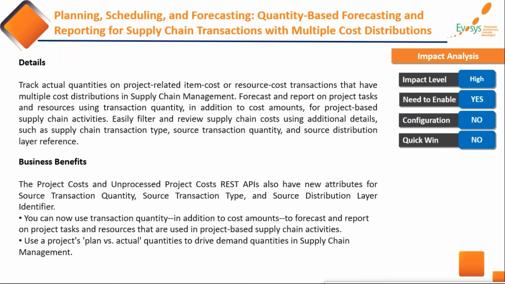Because previously what used to happen, as and when I'm receiving any inventory, and if I want to treat that inventory as my project cost, then the system used to bring only amount, not quantity. So whatever is coming in my cost is only actual cost, there is no quantity. And that's why when I generate the forecast, the system was not giving me any quantity, that how much further quantity you are going to consume.